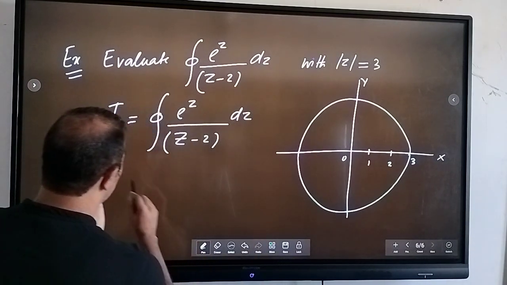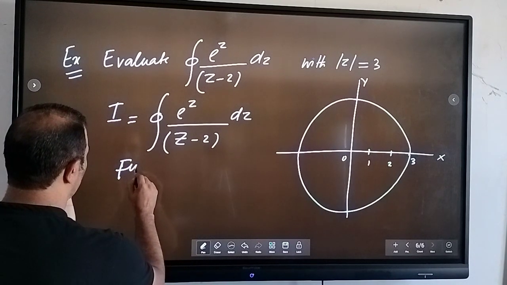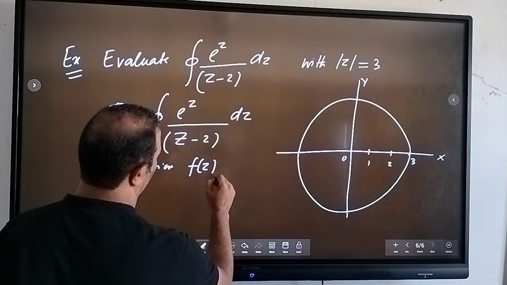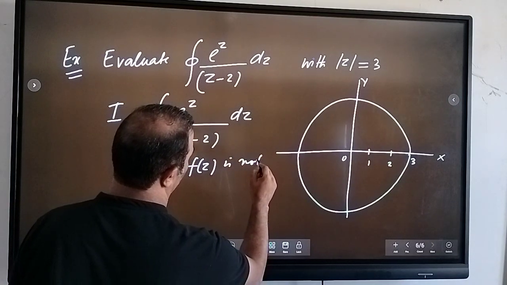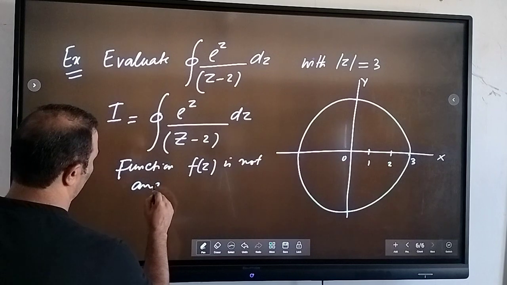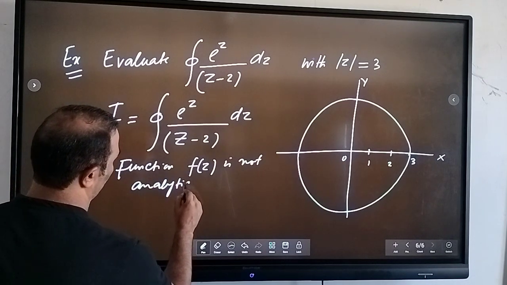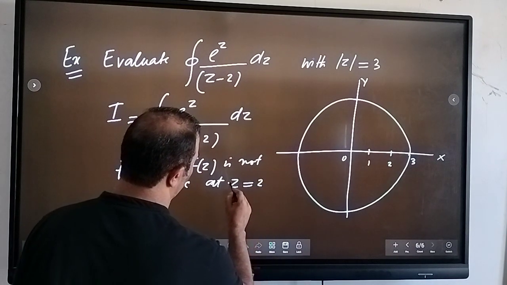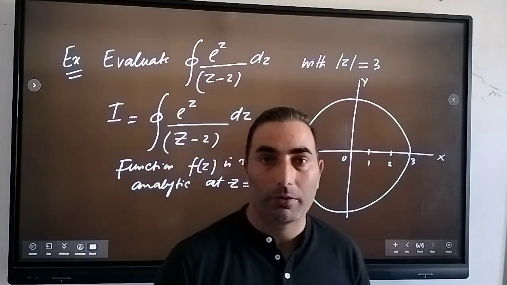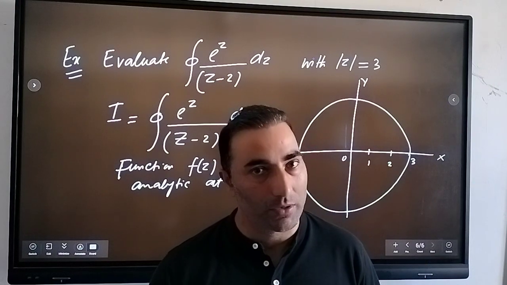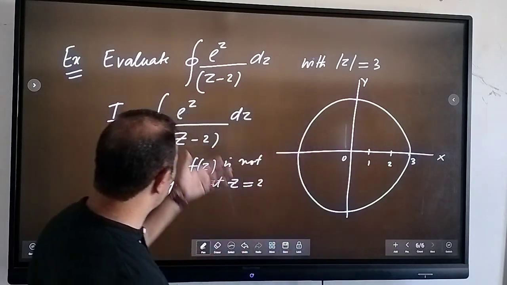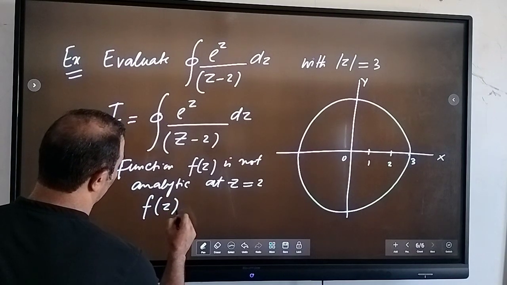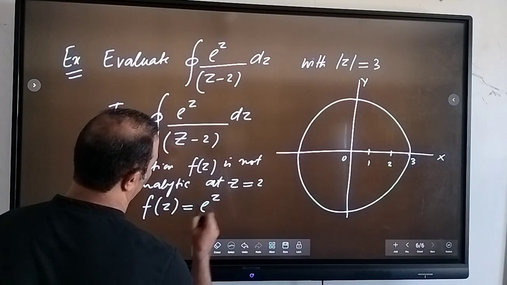Now we can say that this function f of z is not analytic at z equal to 2. So if z will be equal to 2, in that case our function will not be analytic, right? So our f of z will be equal to e power z.